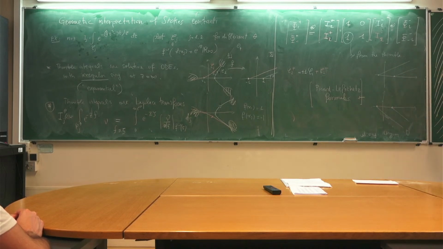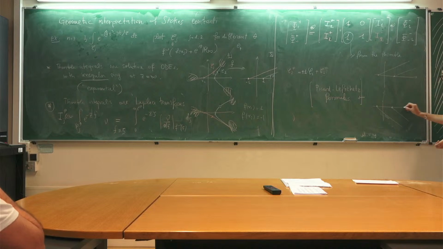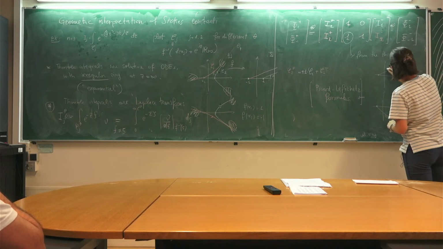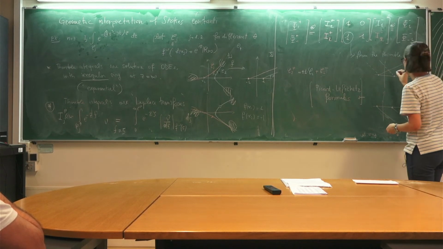So we have to compare these two pictures, and the moral behind this story is the following. Here is direction theta. You compare theta plus with theta minus plus pi.